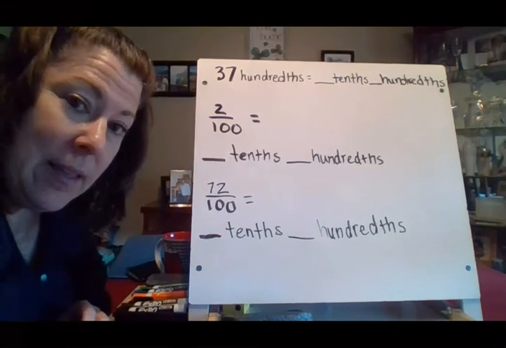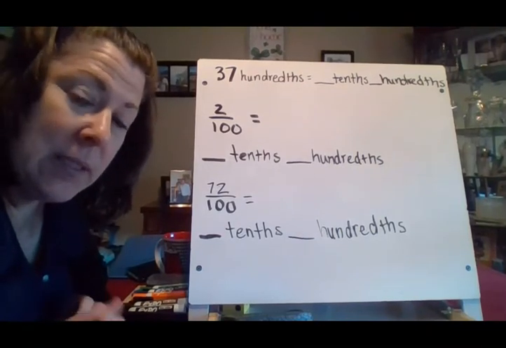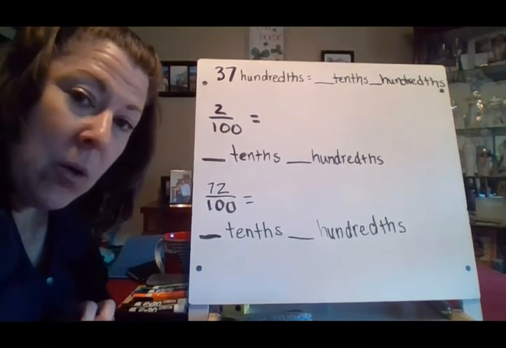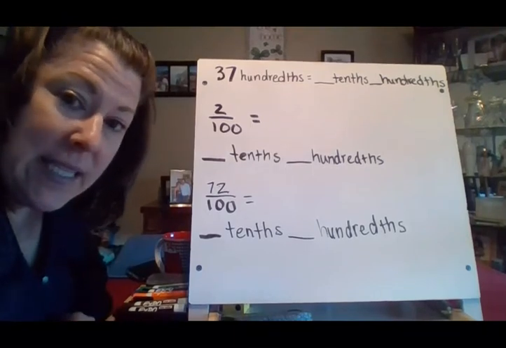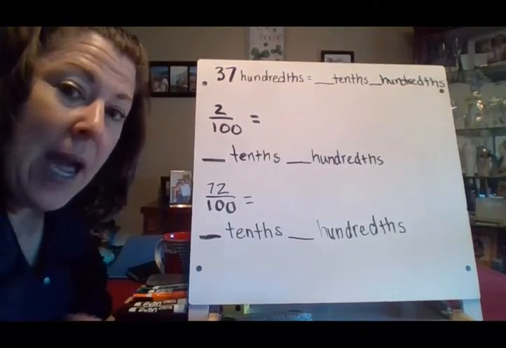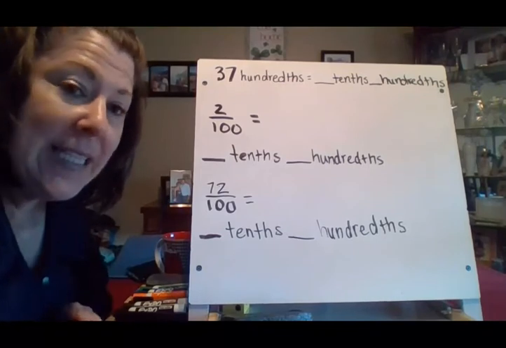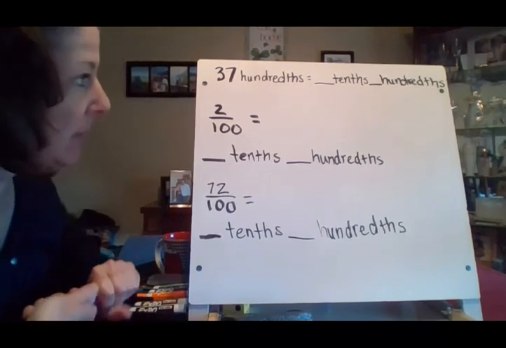So in the tape diagram we just saw, we modeled 37 hundredths. And we know that 1/10 is 10 hundredths.